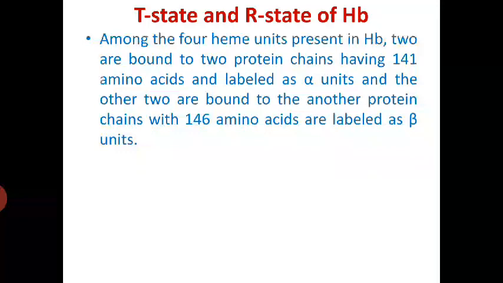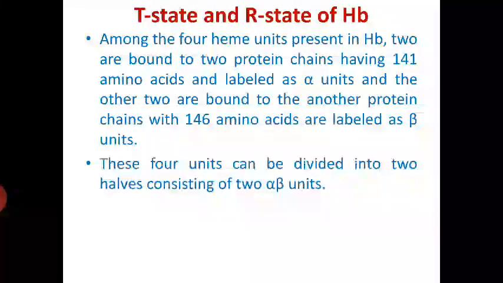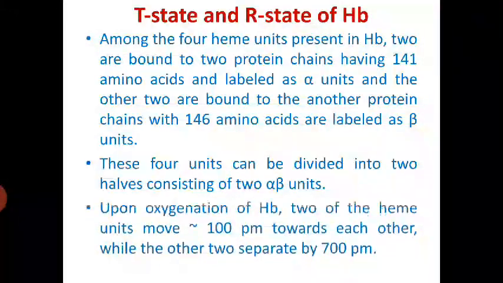So 2 alpha units and 2 beta units, but these units can be written as alpha beta units. That means one alpha unit and one beta unit will become a team. That is, the 4 units can be divided into 2 alpha beta units.